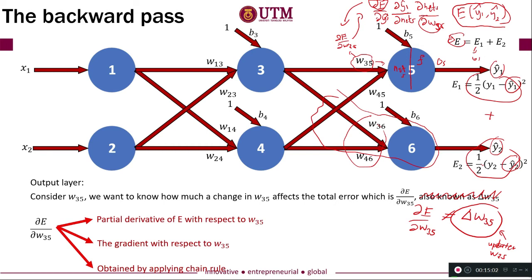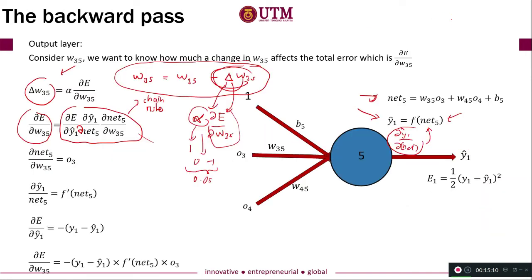Is this one possible to obtain? Yes, because this expression can be obtained from the input function. When you compute the input function of your net 5, this is the expression. So if I want del net 5 over del W35, I can obtain it from this function.